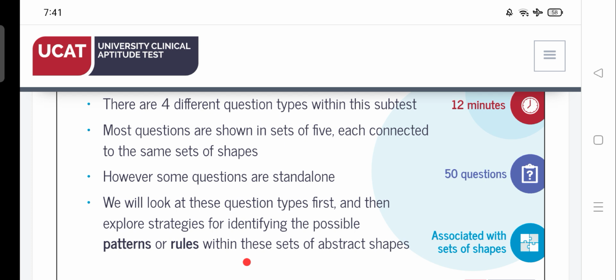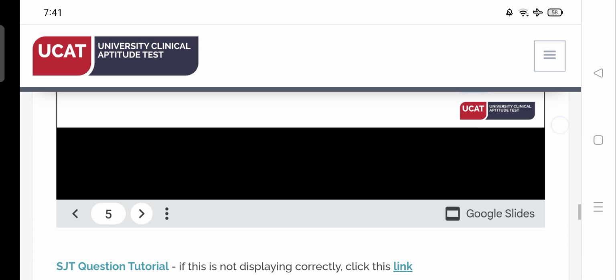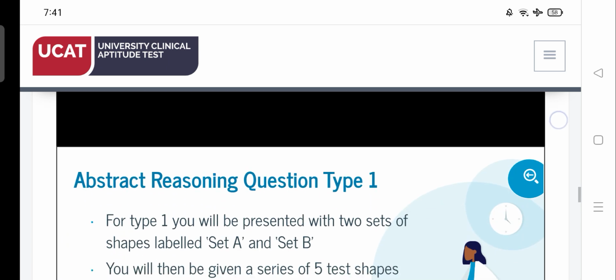Okay, this portion will have 4 different types of questions. Most of the questions are connected to the same data, but some questions are stand alone. They do not share any data with any other questions. So first we will look at the question types, and then we will see the strategies for every type, and we will look at the examples of every type of this portion.